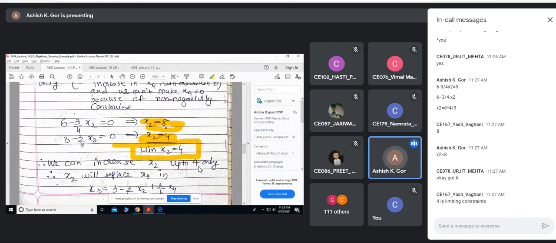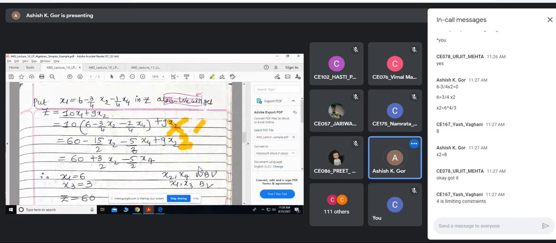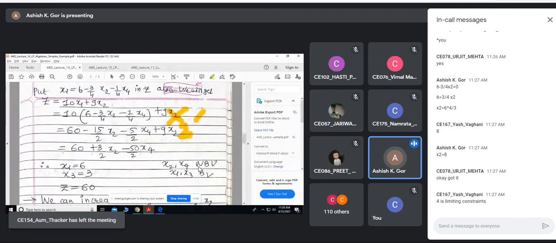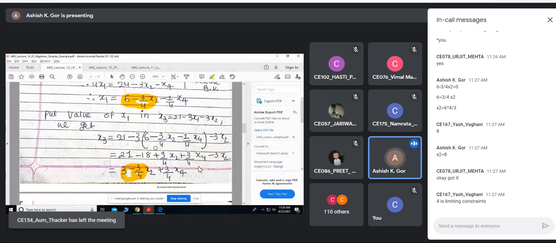So the minimum out of this 8 and 4 is the maximum value that you can take, right? Because if you take a 5, then one of the things will go negative. Even if you take 5, you see 3 minus 15 by 4, so this would go negative.